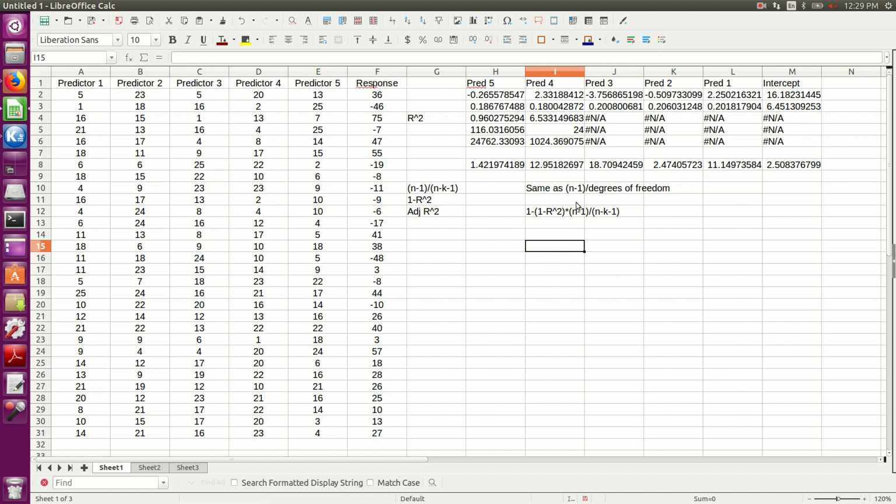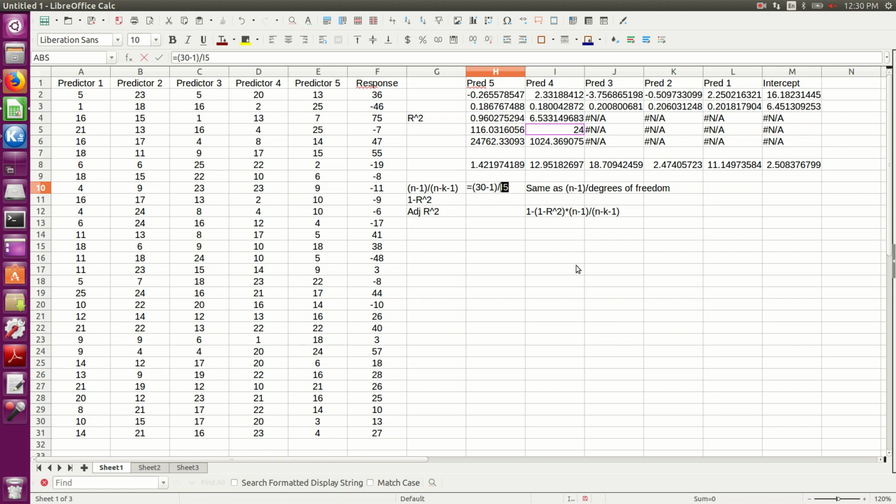And so you could do this all in one formula, but it might be a little easier to do it in pieces. So here I'm going to take my n minus 1. I could do a count or something, but somehow I need to know the number of rows. It's 30 in this case, minus 1. Then divided by, and I can just go up here and click on my degrees of freedom. I could put in the 30 minus 5 minus 1.